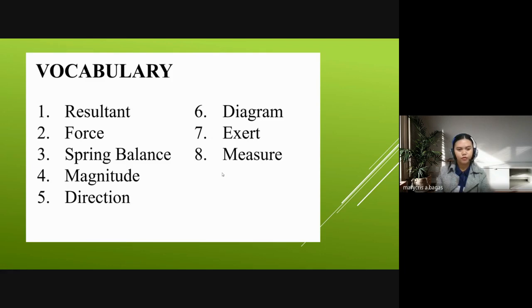Resultant, force, spring balance, magnitude, direction, diagram, exert, measure.